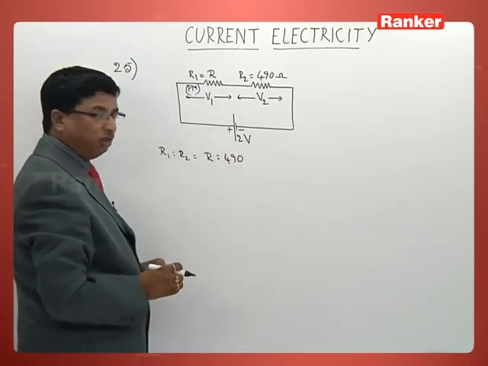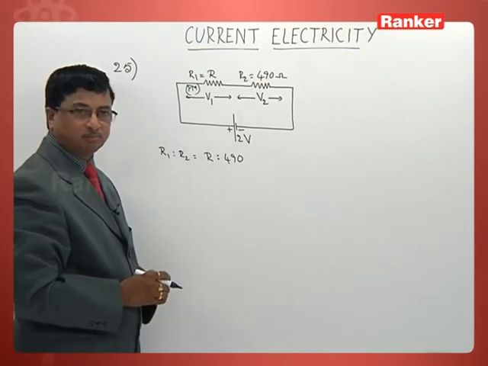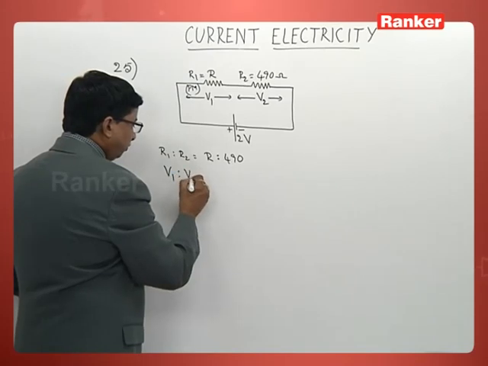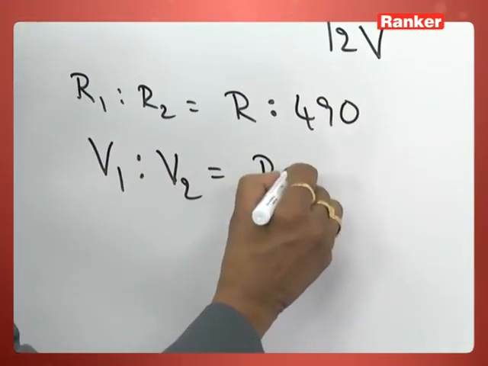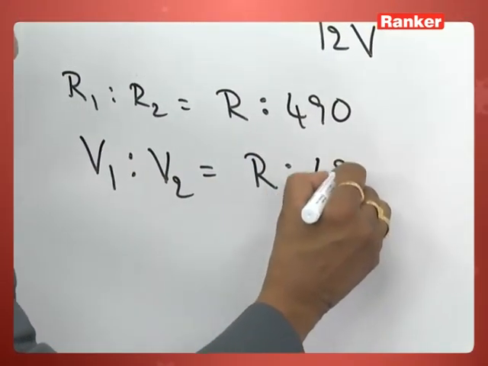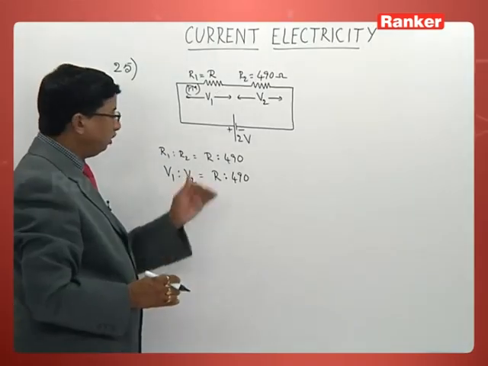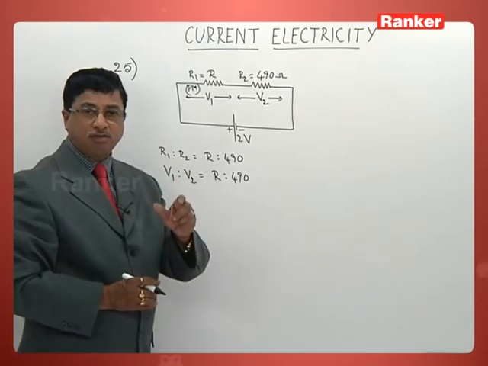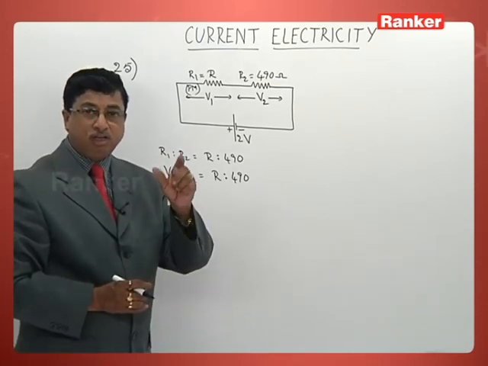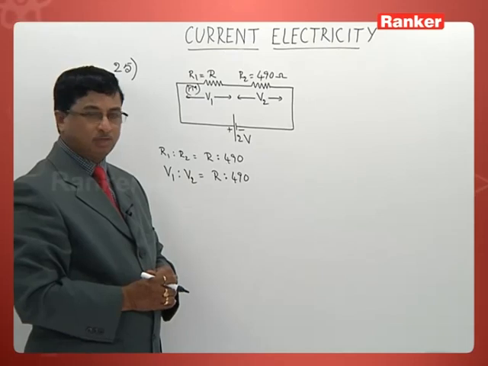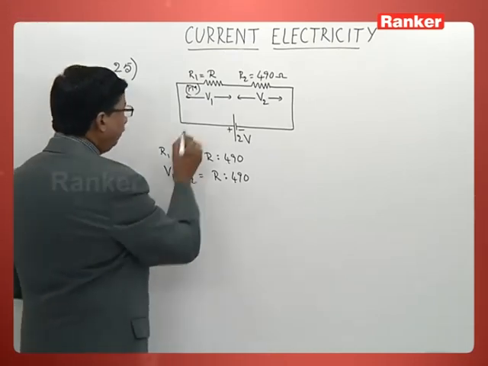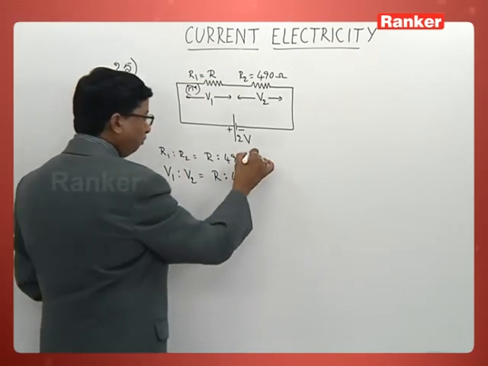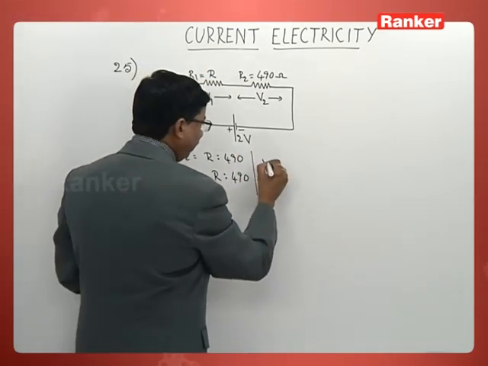We do not know the value of R yet. Then V1 is to V2 will also be R is to 490, because voltage and resistance are directly proportional when resistors are connected in series. V1 stands for the potentiometer wire, so I just want the value of V1.